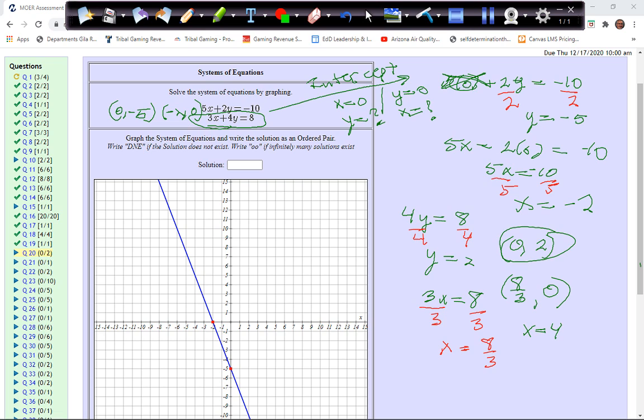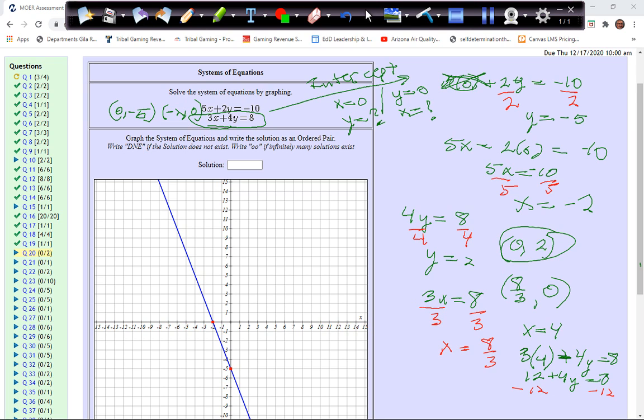So I'm going to put in x equals 4. That'll give me 3 times 4. And this will always work, so I want to get a multiple of 4, in 3x plus 4y equals 8. So that's 12 plus 4y equals 8. Subtract 12 from both sides. I'm running out of room here.